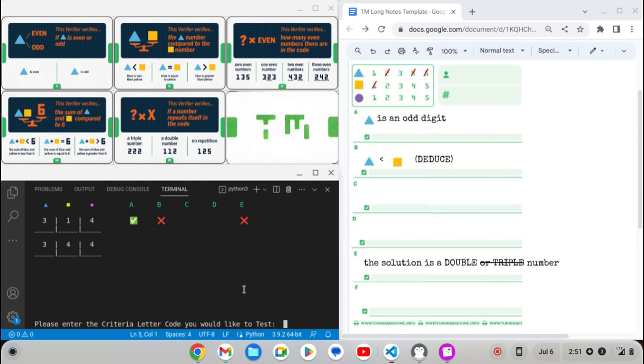So, yeah, let me go ahead and test criteria card D just to see the sum. Let's go ahead and do that. Okay, so yes, the sum is definitely greater than 6. So let me go ahead and type that up.